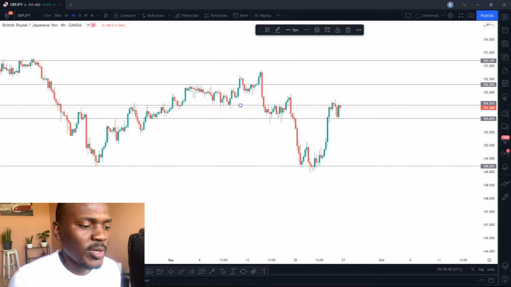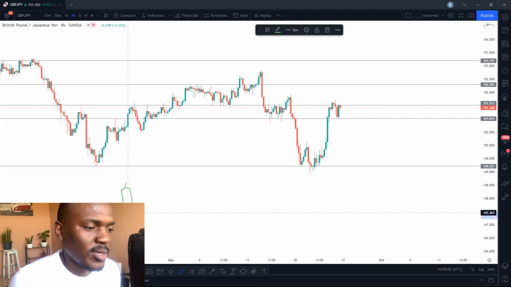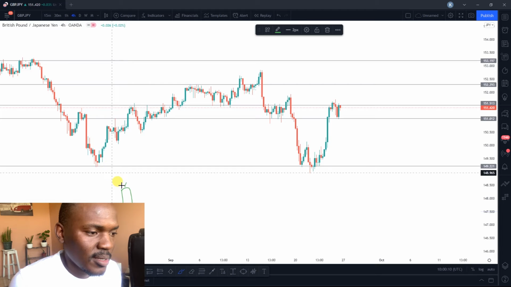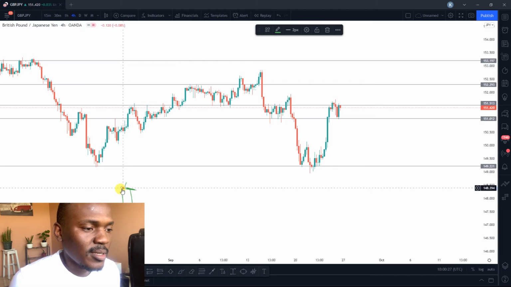So what I mean about the wick, so this is a candlestick, as you guys can see on our chart, and then these are wicks, and then just here next to the wick and the body of the candle, this is the close of the candle. So it depends on you if you want to put the support and resistance on the actual wick, or on the close of the candlestick.